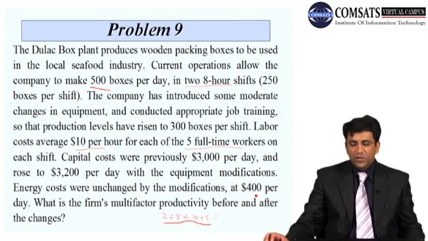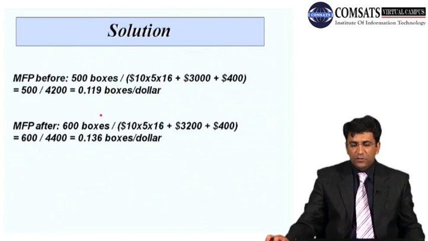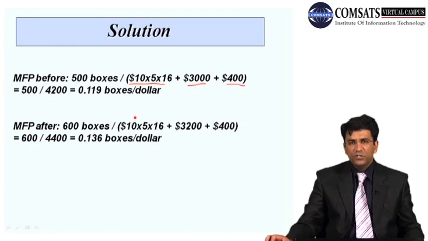So our total inputs will be equal to labor input plus capital cost plus energy cost. So our old productivity will be equal to 500 divided by 4200, and it will be equal to 0.119 boxes per dollar.